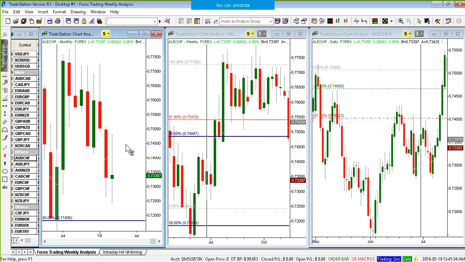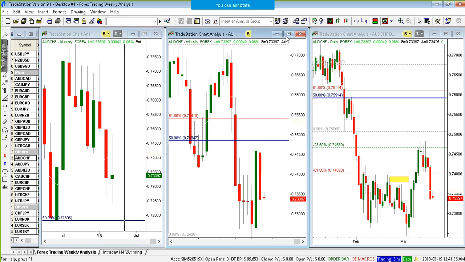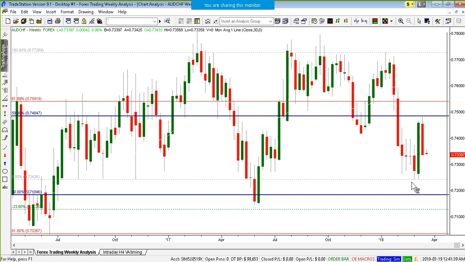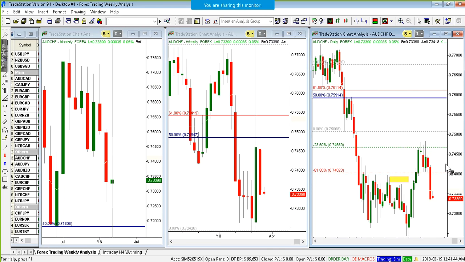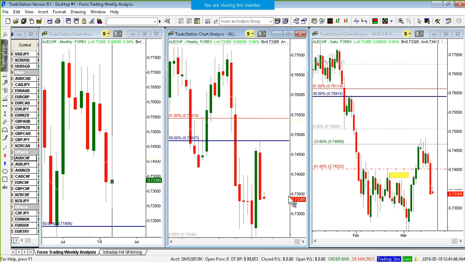Now we have the setup, which is this 50% that has traded last week, and the first target is well below that, 7184. So it's not difficult for this market to move into that area.